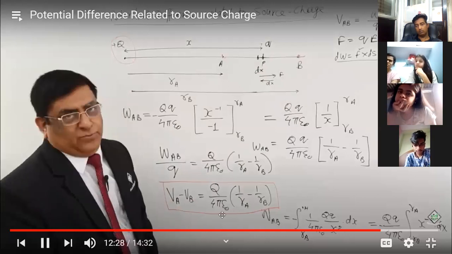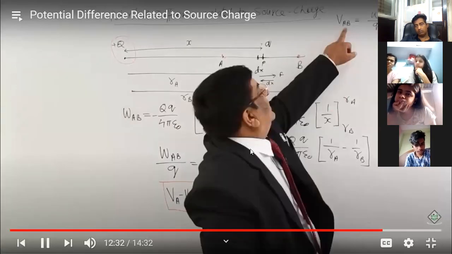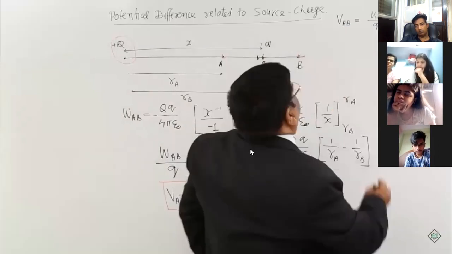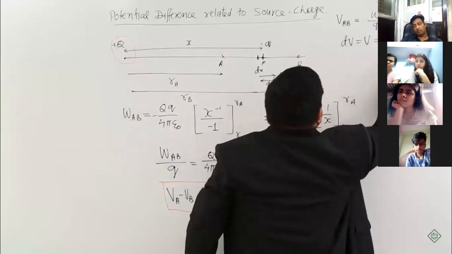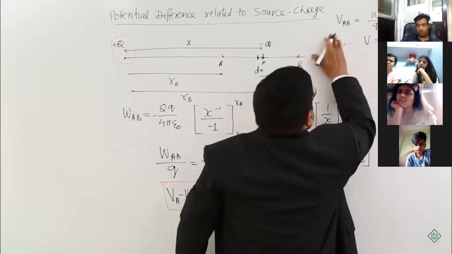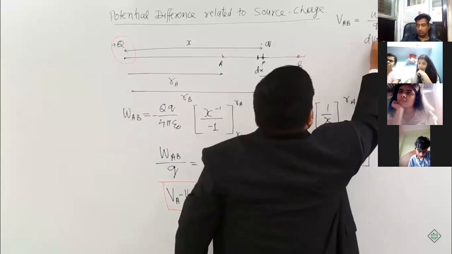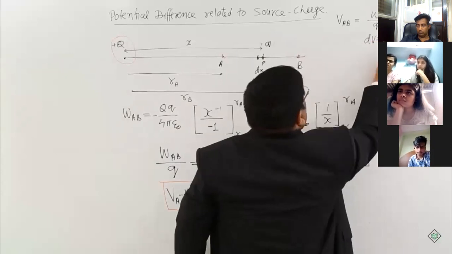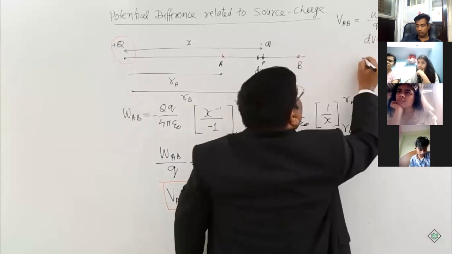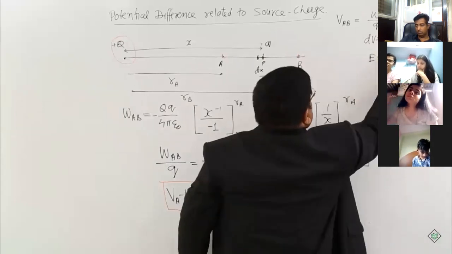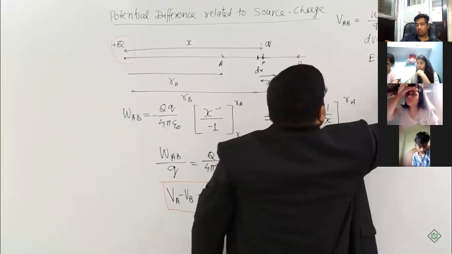The very first thing we did was, potential difference between A to B is work done from B to A per unit charge. Then we had a formula, potential difference, we will call it V, that is equal to minus E into dr. dV is equal to minus E dr cos theta, or E is equal to minus dV by dr cos theta.